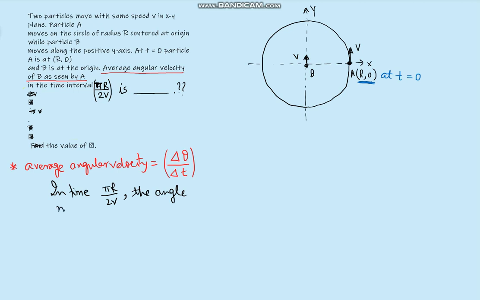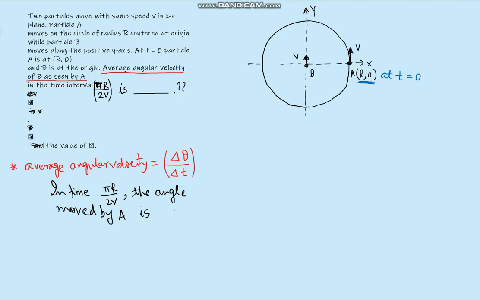The angle moved by A with reference to the center of the circle: A is moving with a tangential speed v, therefore the angular speed is v by r.